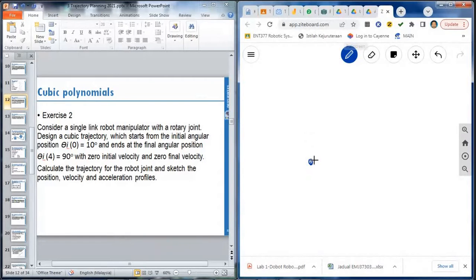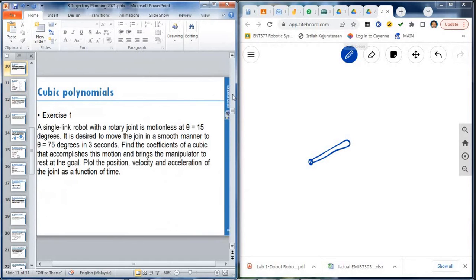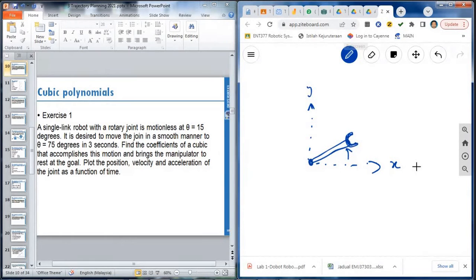So you have one robot here, single link. Your theta, this is 0 degree.